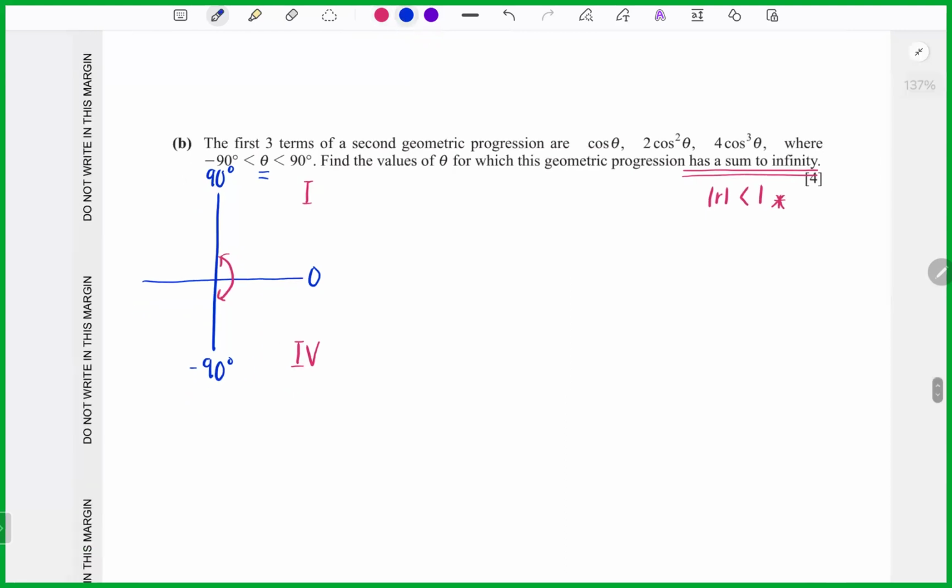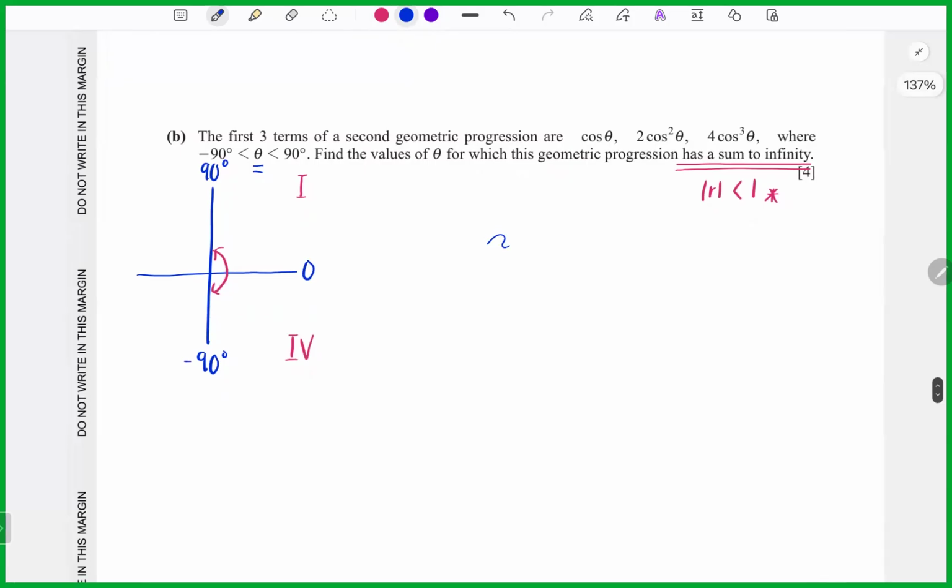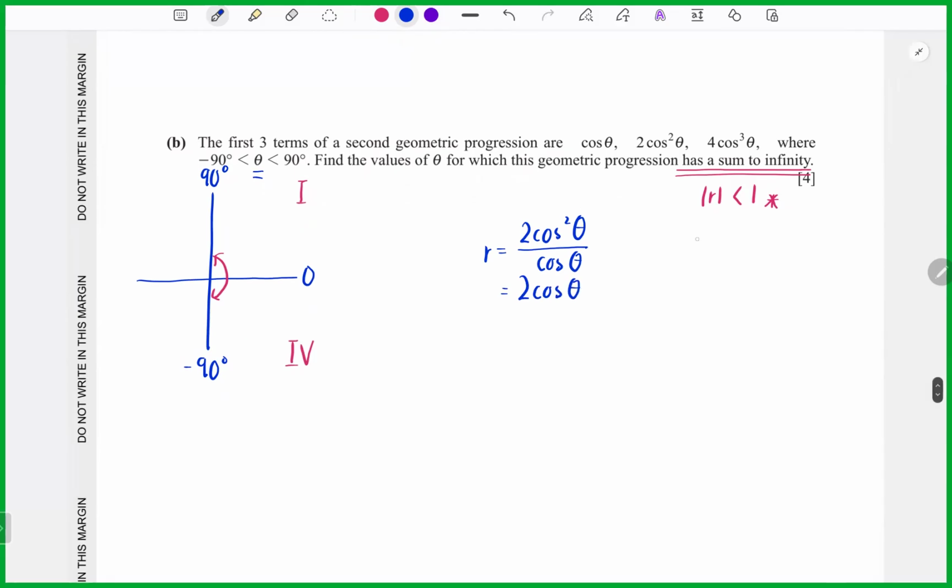So we can find r: 2 cos squared theta over 2 cos theta, so you will get cos theta. Then you put cos theta less than 1 and greater than negative 1.